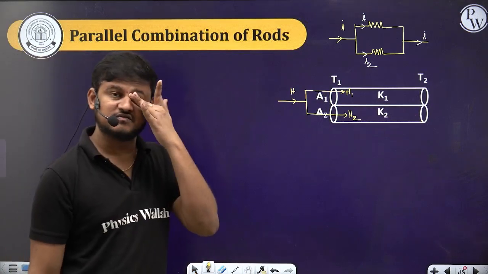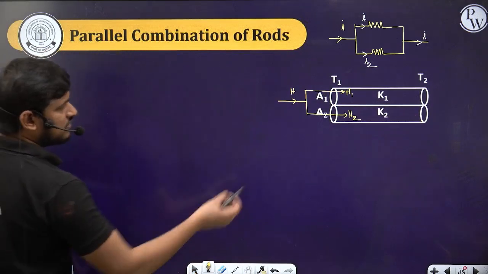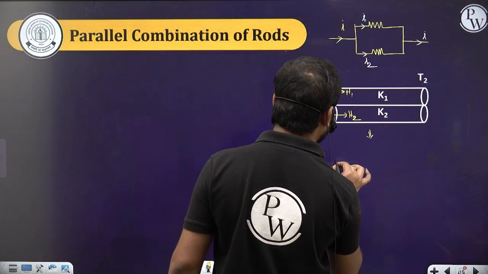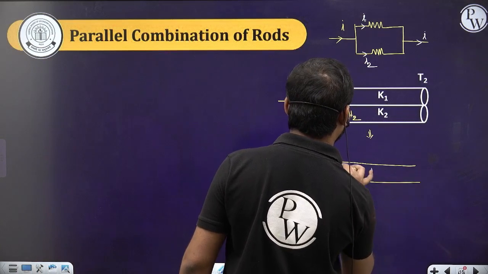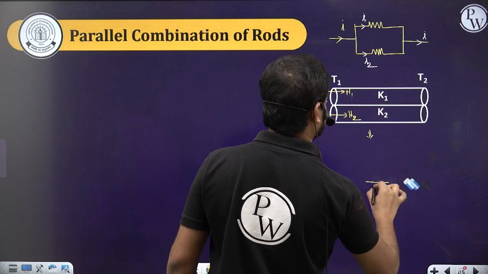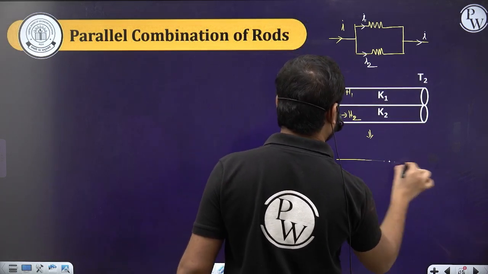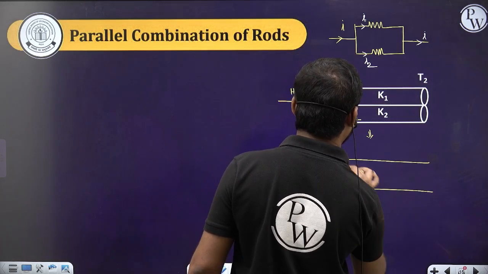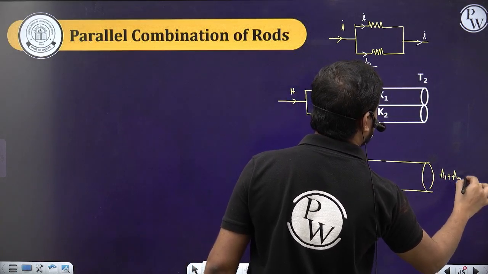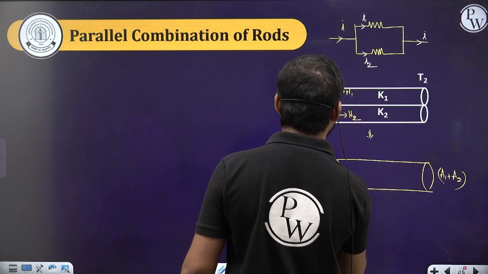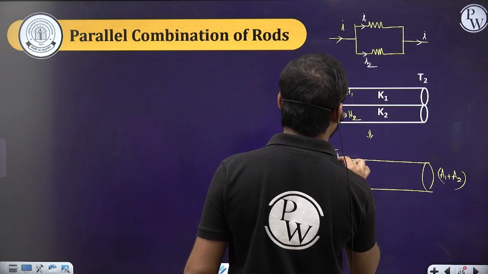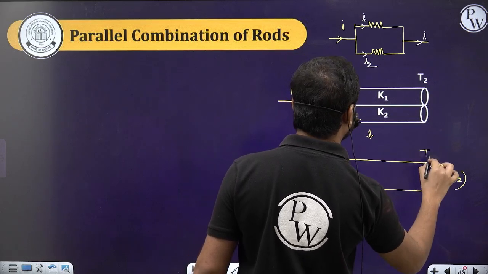So write the same equations, equation 1 for the rod 1, equation 2 for the rod 2, and then finally we get a rod whose cross sectional area will become A1 plus A2, and their ends are maintained at the temperatures T1 and T2.